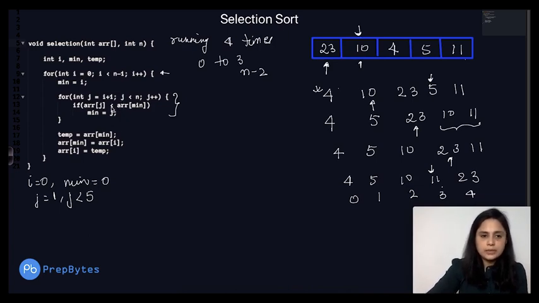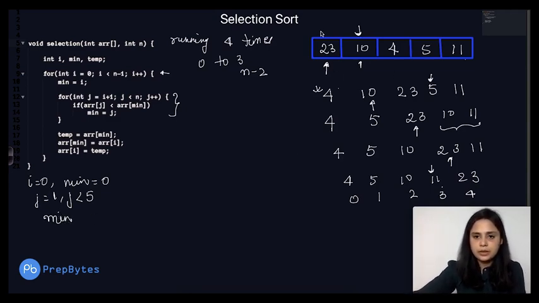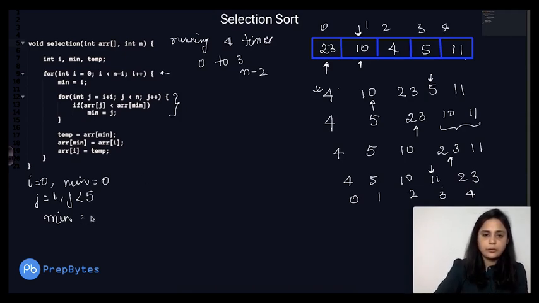Now let's say this complete loop runs from 1 to 4. After the end of this loop I'll have my min with me. It's 0 1 2 3 4, so my min will be, sorry, 2.